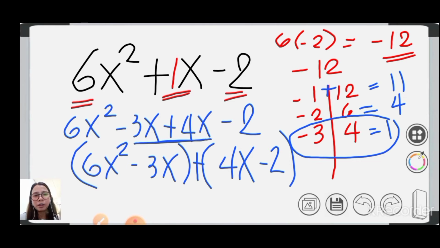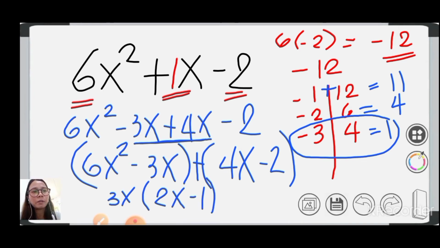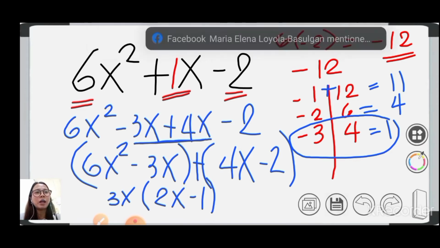Let us get the GCF, or the greatest common factor, of 6x squared minus 3x. The GCF of this is 3x. So we have 3x, the quantity of 2x minus 1. Okay?